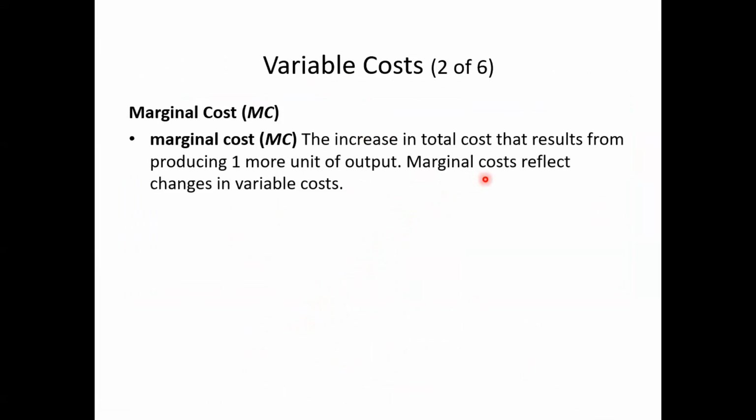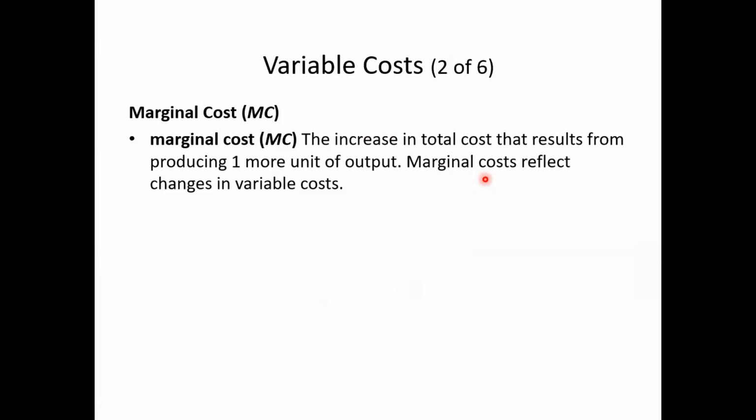Now, marginal cost is the increase in total cost that comes from producing the next unit. But if you think about total cost, remember, total cost has 2 components, a fixed and a variable. So if I increase my output by 1 unit, does total fixed cost change? No, it's fixed.